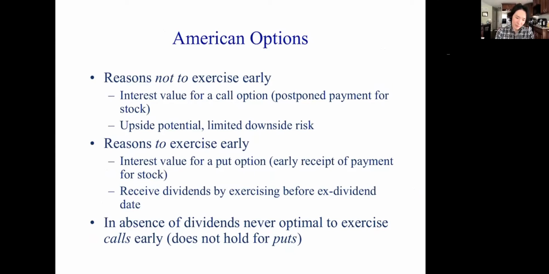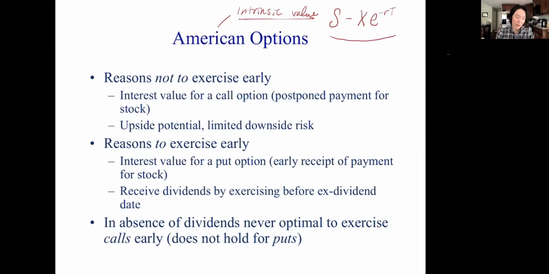So there's an intrinsic value, and there's also time value, right? Let's consider the intrinsic value. What is the intrinsic value? Intrinsic value is stock price minus X times e to the negative RT. This is the adjusted intrinsic value.